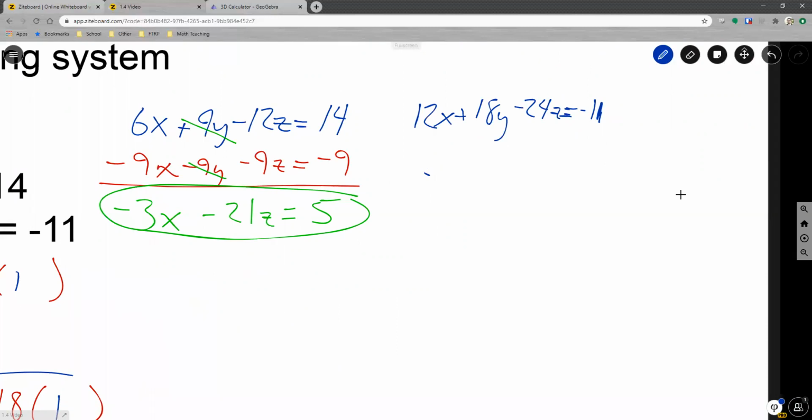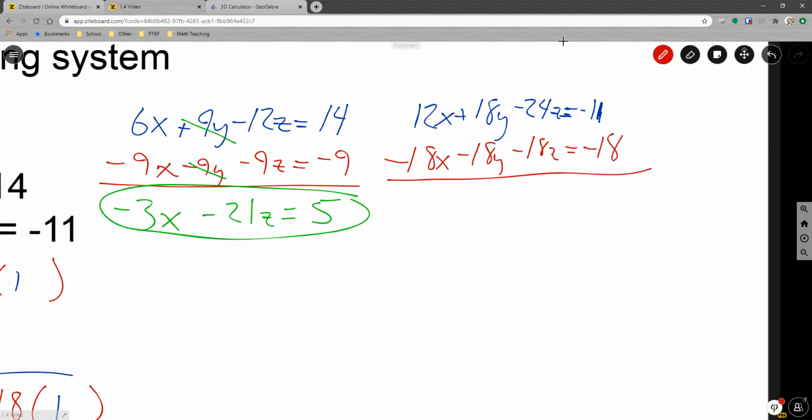So I can throw that directly under here. Negative 18x minus 18y minus 18z equals negative 18. Oh, my handwriting's getting really bad late at night.